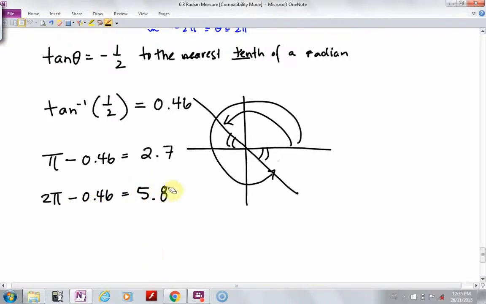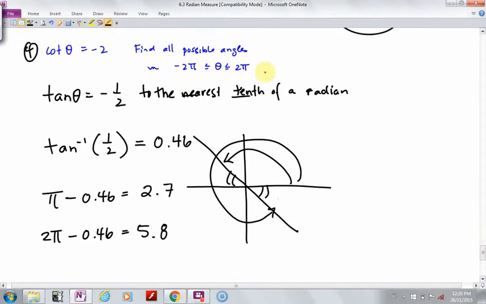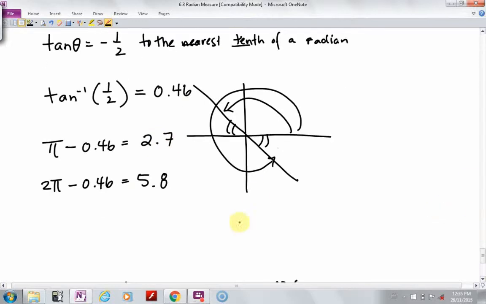Okay? Now again, those are my answers between 0 and 2 pi, but I want from negative 2 pi to 2 pi. So I need to do what to these answers to get the other two answers? Make them negative. Nope. Actually, I think that does work. But really what we want to do is subtract 2 pi. So 2.7 subtract 2 pi and 5.8 subtract 2 pi. What do you get? Is it just the negative of those? Nope.